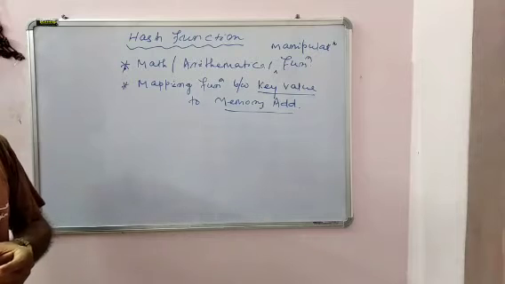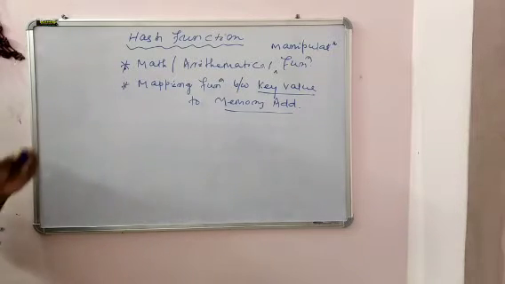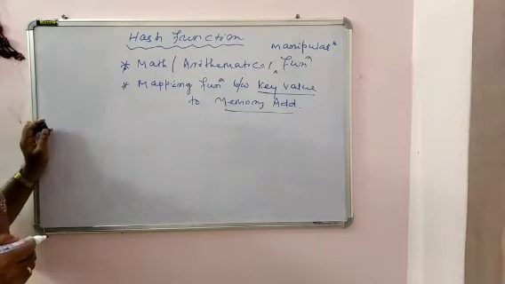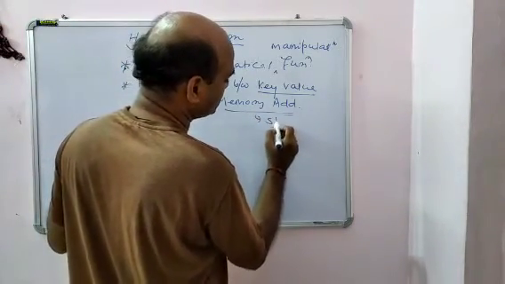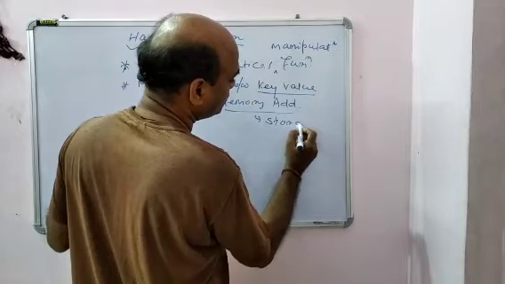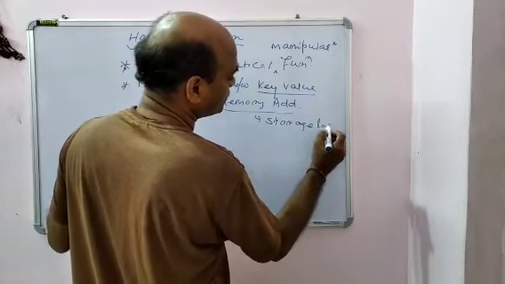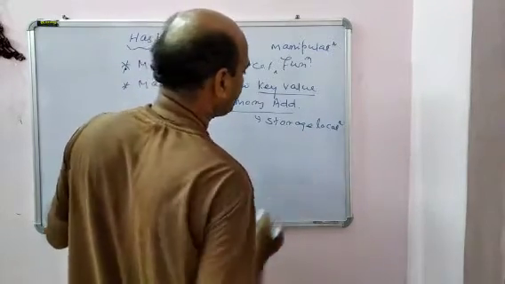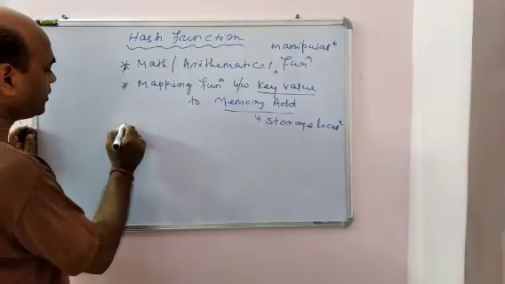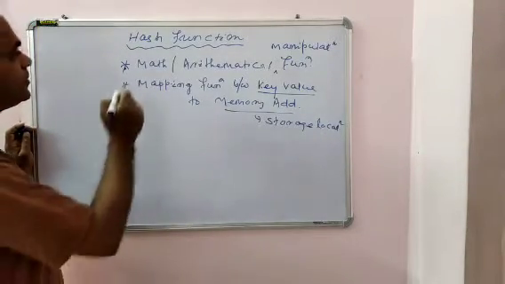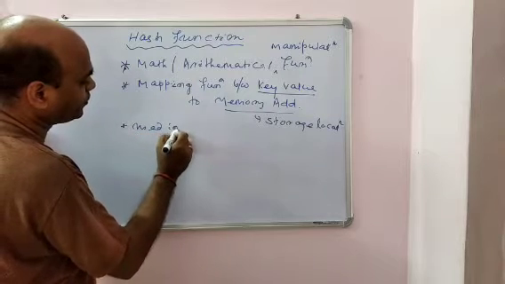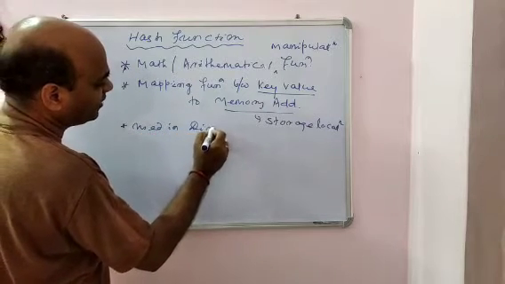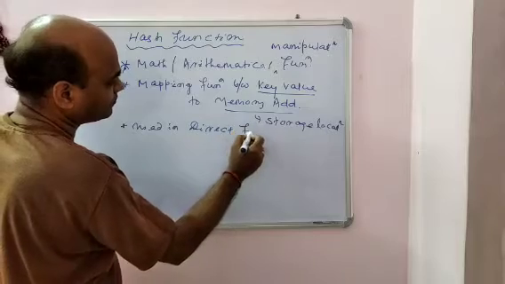So this hash function provides a numerical value for the storage location. This memory address is known as the storage location. Totally, this hash function is used in direct file organization.